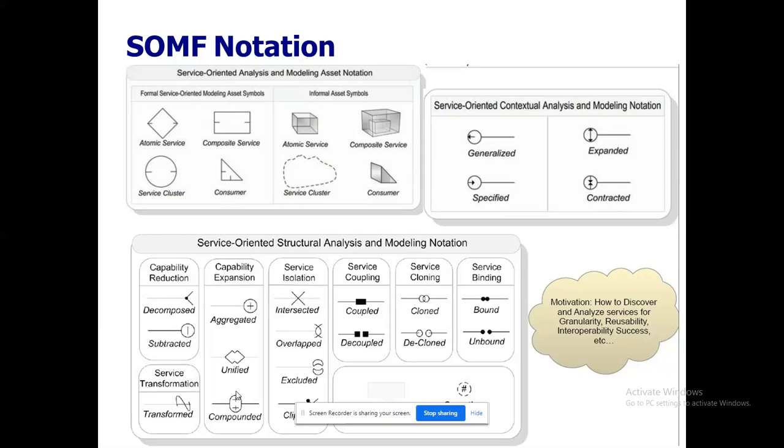Expanded means the service provider is ready to establish its own service cluster in some other place. In that case, that will be represented by expanded. Contracted means the service provider is inviting third party vendors to come and deposit their web services, in which the service provider will act as the broker for all types of services.